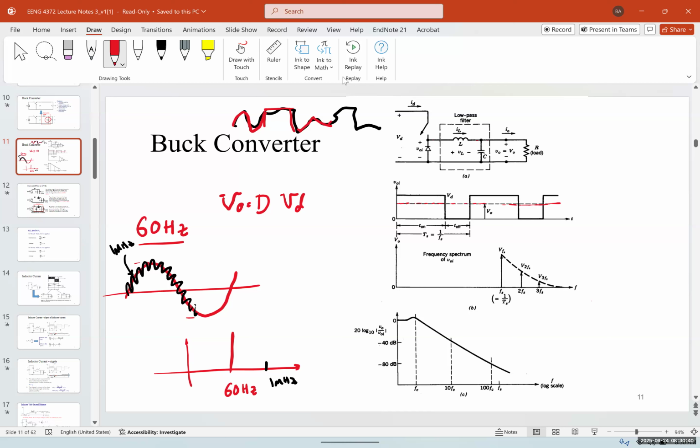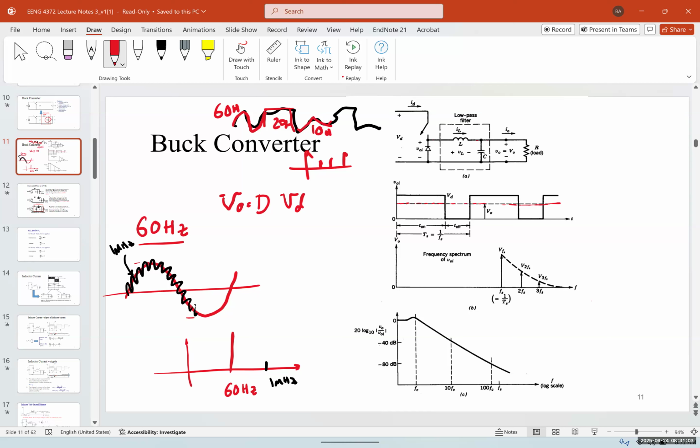So we can break it down. I'm simplifying, actually. It's more complicated than that. And if I show the frequency spectrum of this, this is like 60 hertz, this is 20 hertz, this is 10 hertz, then I would have a frequency spectrum that has a part at 10, 20, and 60 hertz.